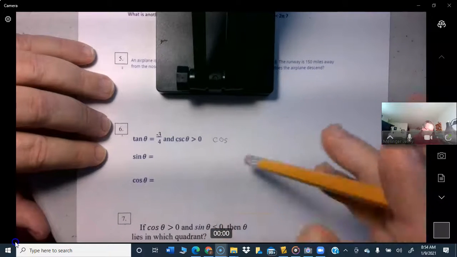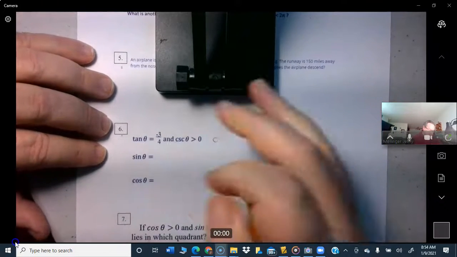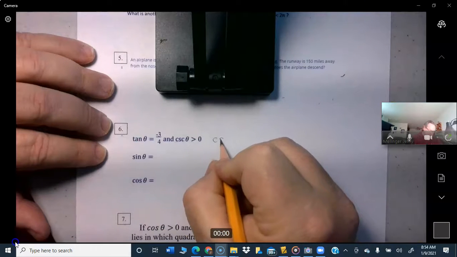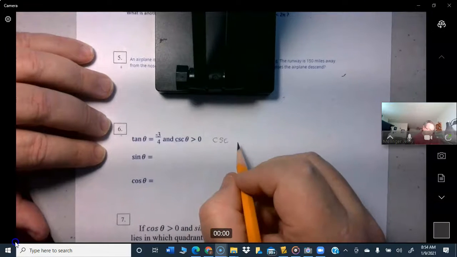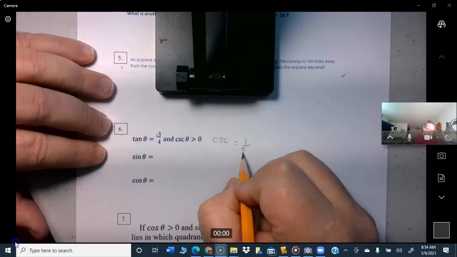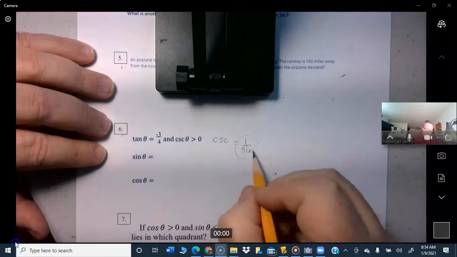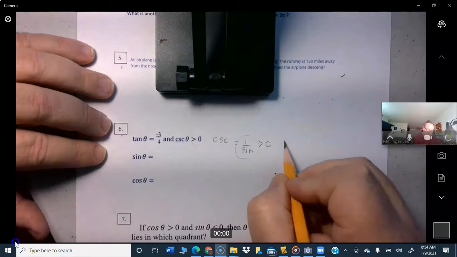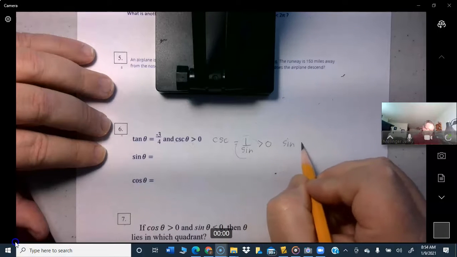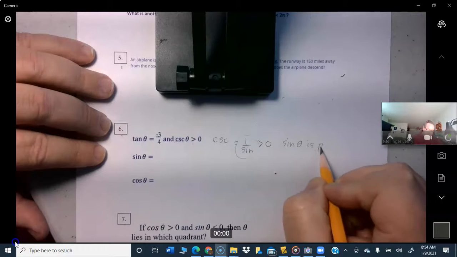So the cosecant from assignment 5.05, 5.06. The cosecant is 1 over the sine. So what it's saying is that 1 over the sine is greater than 0. What that means is that sine, whatever the sine is, of theta is positive. It's a positive number.